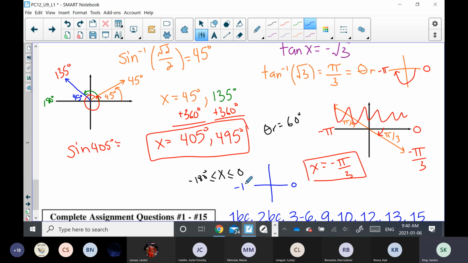This is negative 180. If I put that reference angle of 60 degrees in here, we're going in the negative direction. So if they said, well, what would this terminal arm be if we're going in the negative direction? That terminal arm would be negative 60 degrees. Okay, so that's how we get that answer with a restricted domain.